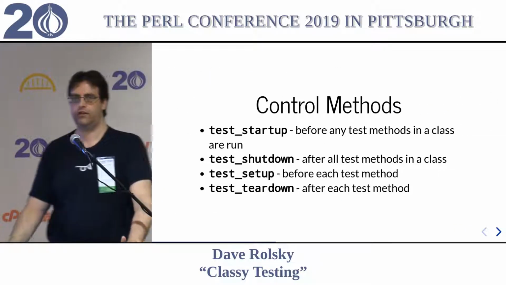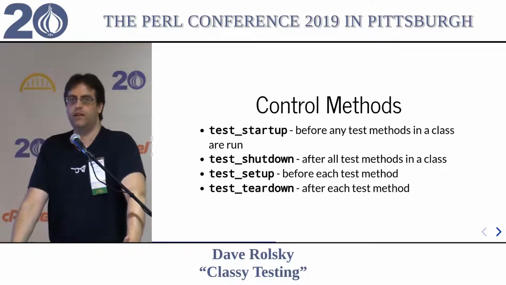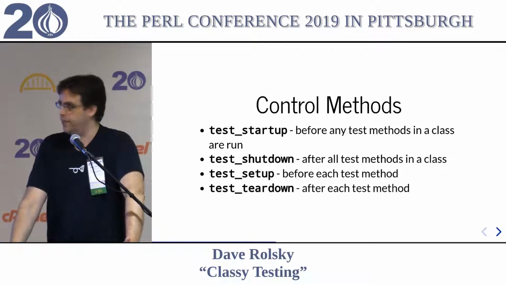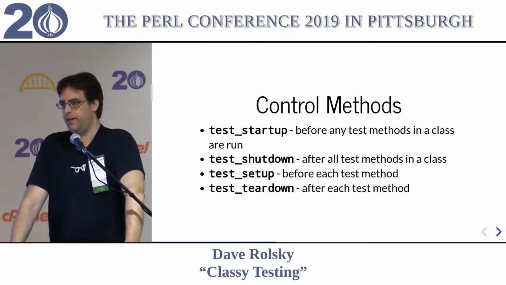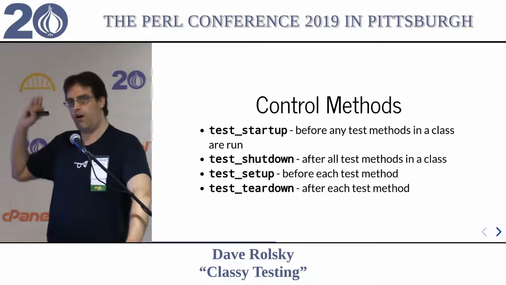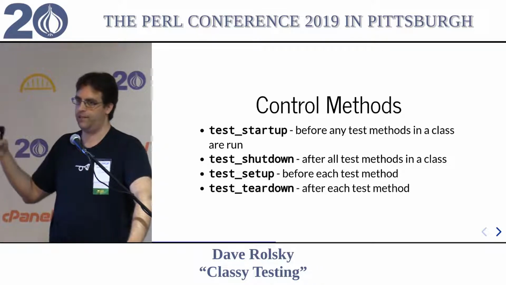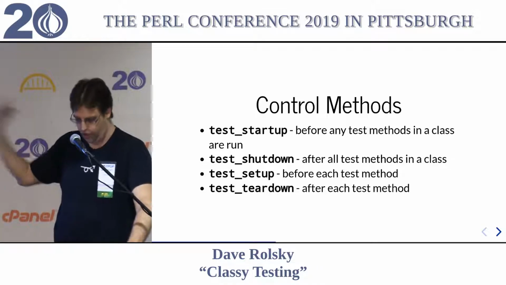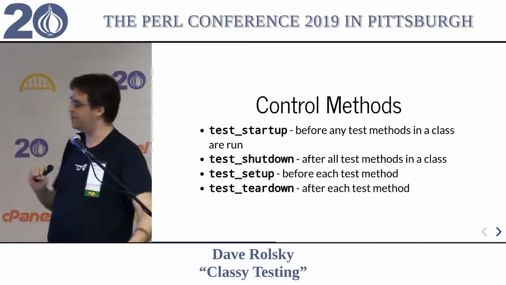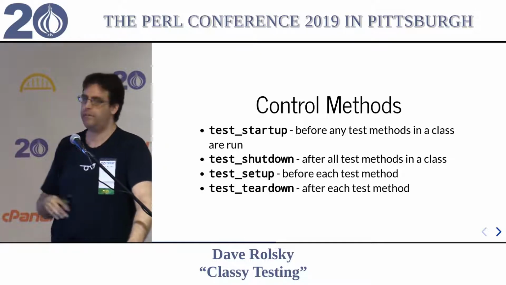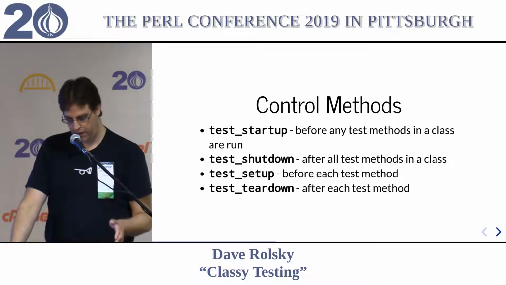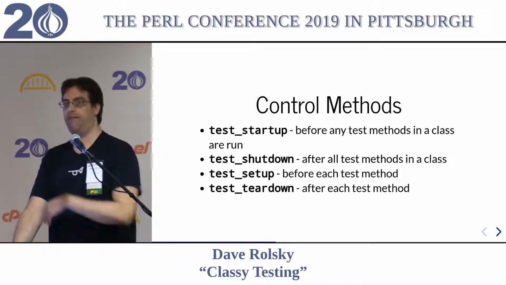There's also these things called control methods. So I mentioned this whole setup and teardown thing that's really common when you get to bigger test suites. While all methods that start with test underscore are test methods, there are some that have special names and you should not use them except for their special effect. So we have startup, which is before any of the methods run. We have shutdown, which is after all the methods run.